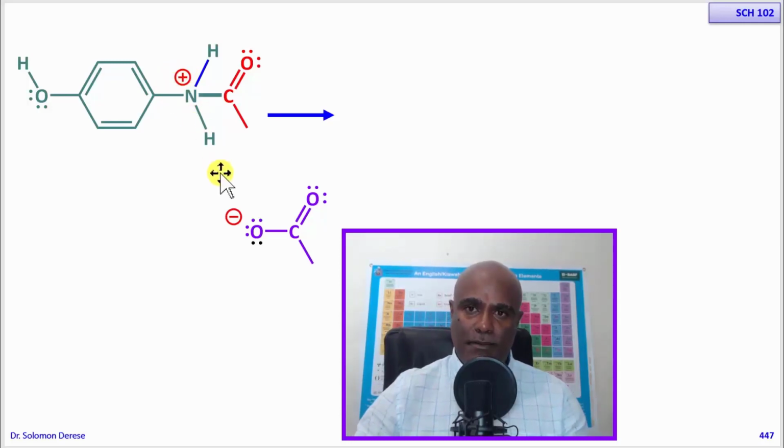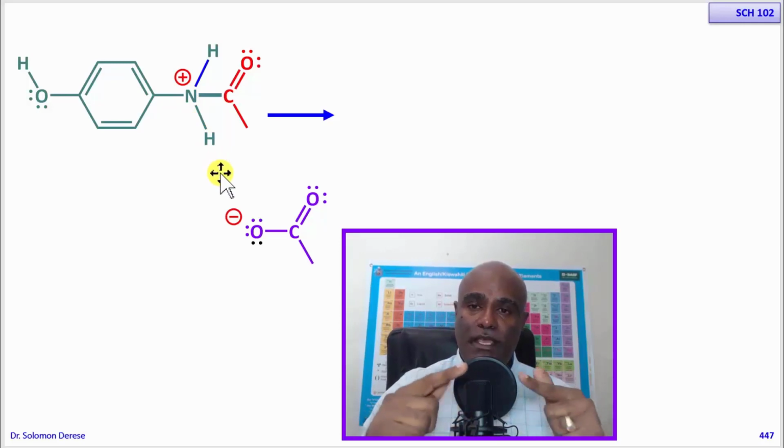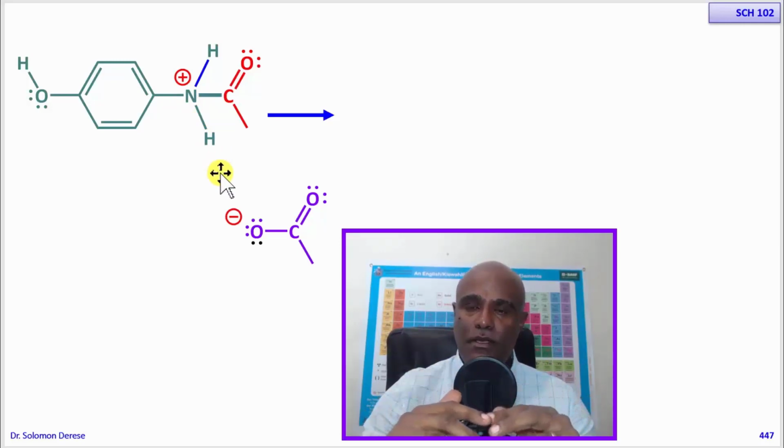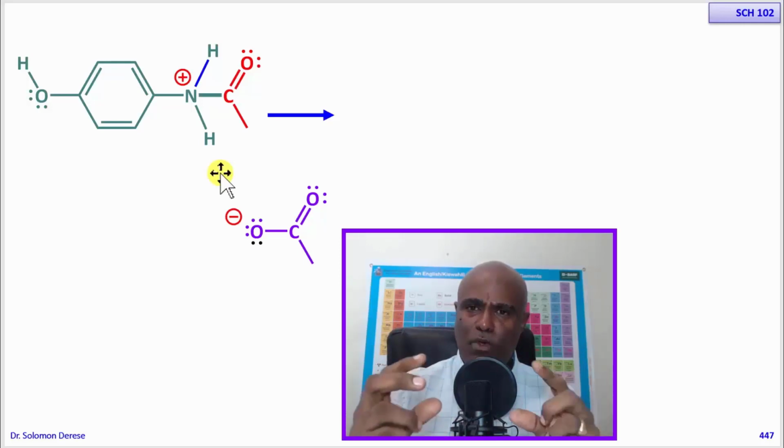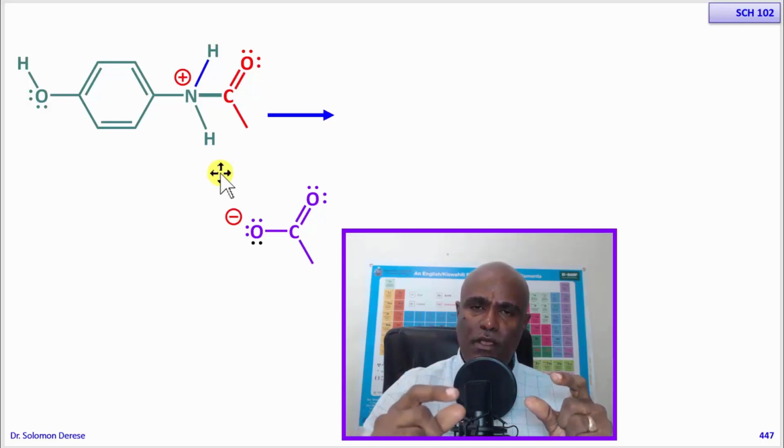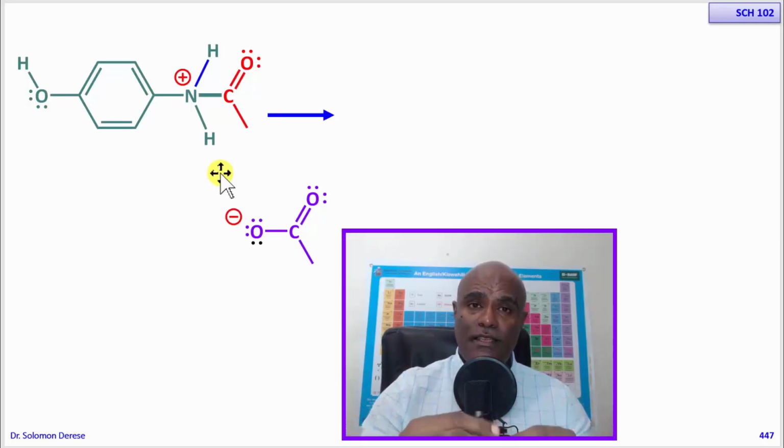Let me explain. If you have a bond between nitrogen and hydrogen in a neutral molecule, since nitrogen is more electronegative than hydrogen, the nitrogen will pull electrons of the bond towards itself. As a result, there will be an excess of electrons on the nitrogen and a deficiency of electrons on the hydrogen because of the polarization of the bond.